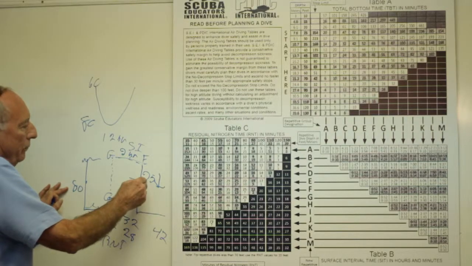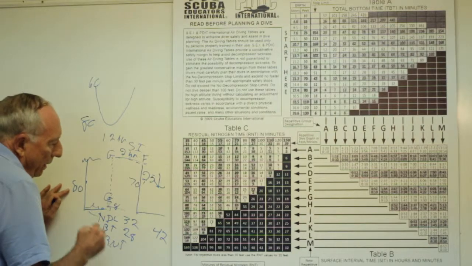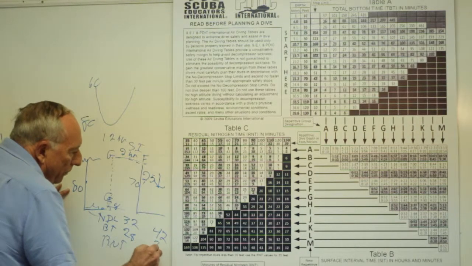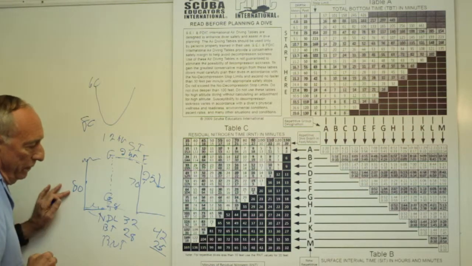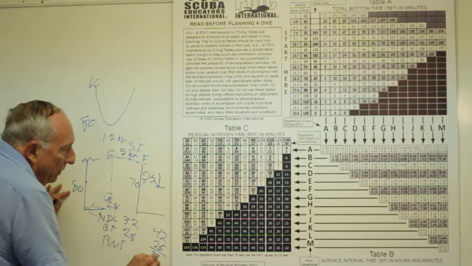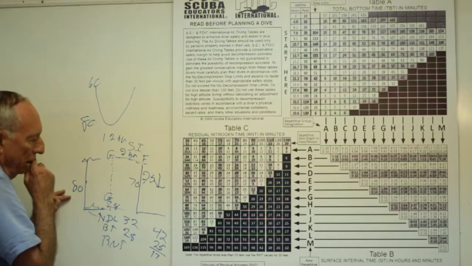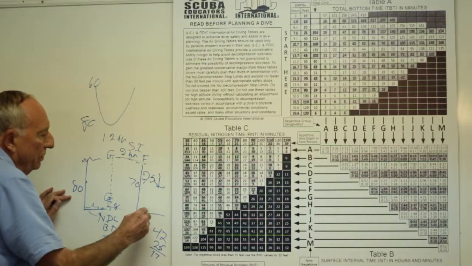So we're going to be coming down with 25 minutes worth of nitrogen. The most we can have on this dive is 42, so if 25 is already used up, that means the most we have is 17 minutes. So again, you would pick a bottom time something less than that, let's say 15 minutes.